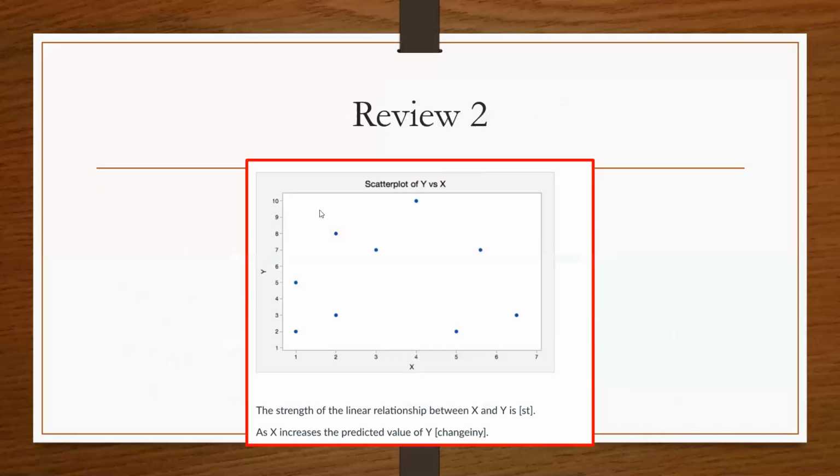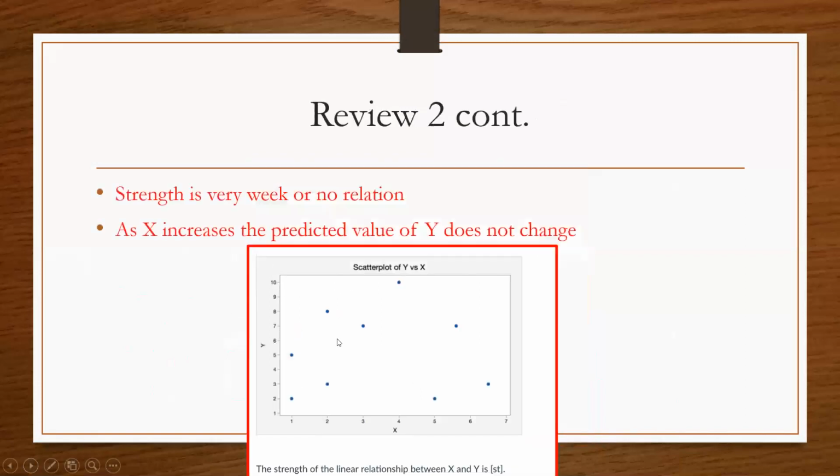All right, I think I got you guys for this one. A lot of you were kind of seeing it. The relationship is very, very weak. It's probably close to 0, and so as a result, as x increases, y doesn't really change. You can't really extrapolate anything from this. It's pretty rough.